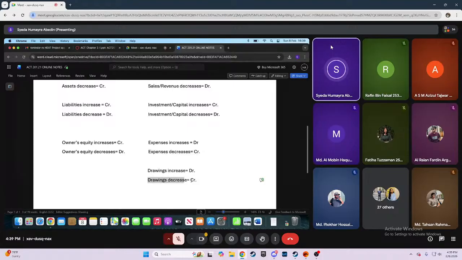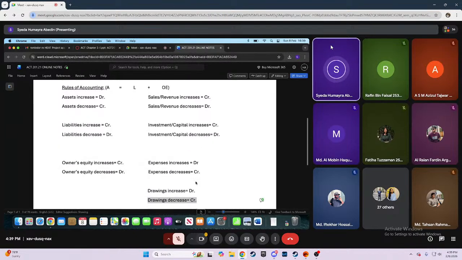If drawings decrease, it will also go to the credit side. Okay, so basically I want that as we go along and practice the journal entry together, these rules of accounting should be absolutely ingrained into your brain, because the more you practice it will automatically come to mind.